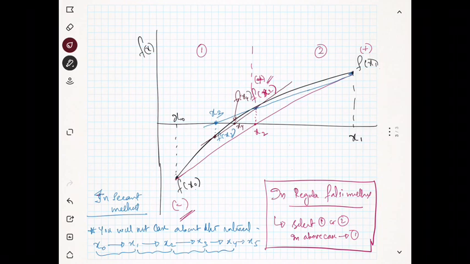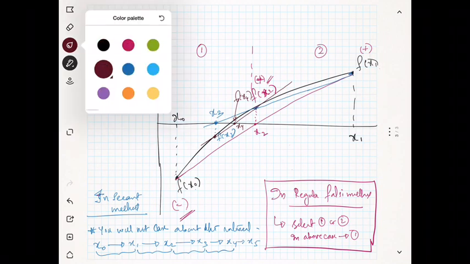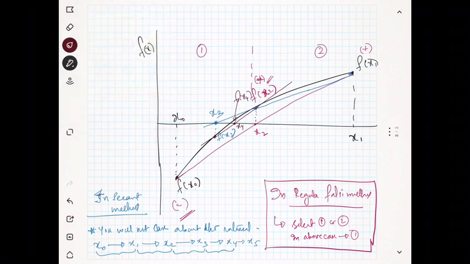After that you will draw the line between x3 and x4. It is difficult for me to draw this line. Anyway, first we have drawn a line between f of x0 and f of x1. After that we find the x-intercept, then we find x2, after that we find x3, and so on.